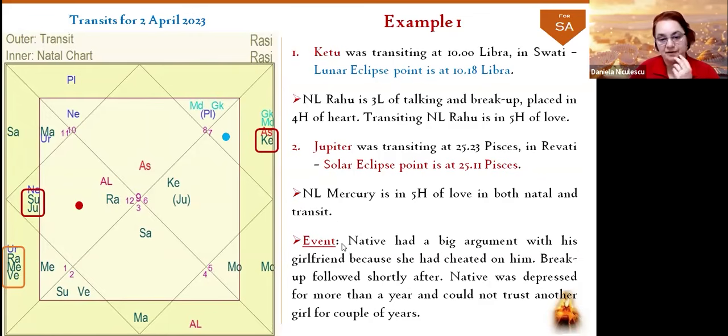This was a very, very important transit for him. It contributed to his mental makeup regarding relationships. So I showed this example because it activated two very important sensitive points caused by these eclipses at the same time.